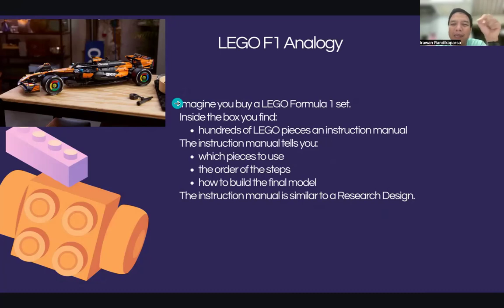Imagine you buy a Lego Formula One racing car set, and when you open the box, you see 100 Lego pieces and an instruction manual. The instruction manual tells you which pieces to use, the order of the steps, and how to assemble the final model. That instruction manual is very similar to research design in research.